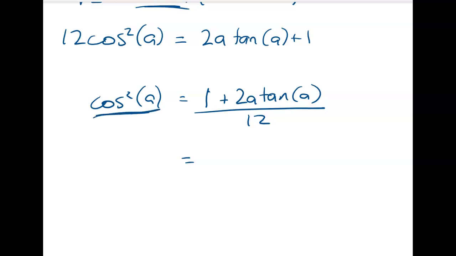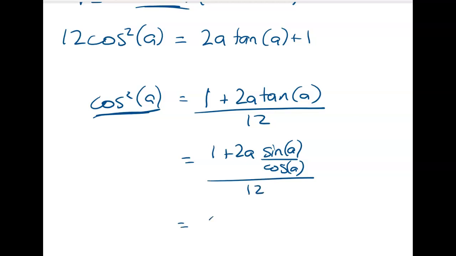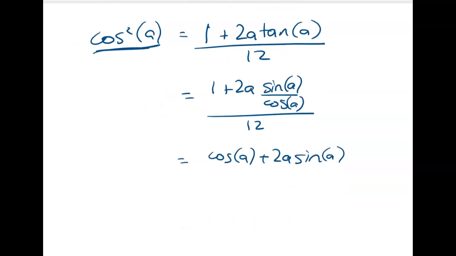What have I got here? Well, I've got cos squared of a, but I haven't got cos cubed of a. In here, I've got 1 plus 2a sine of a over cos of a, over 12, which is equal to cos of a plus 2a sine of a over 12 cos of a.